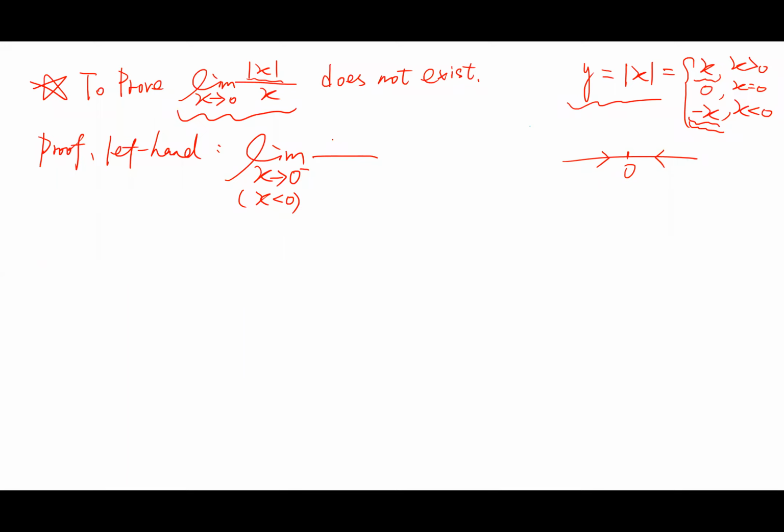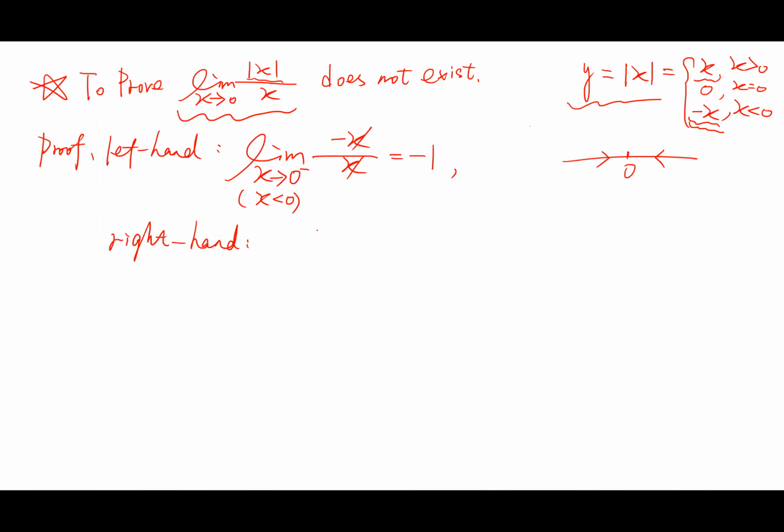So here that is minus x divided by x. The x can be cancelled, right? So the limit is -1 here. Can you understand, guys? Yes, Laoshi. So now we consider the right hand.